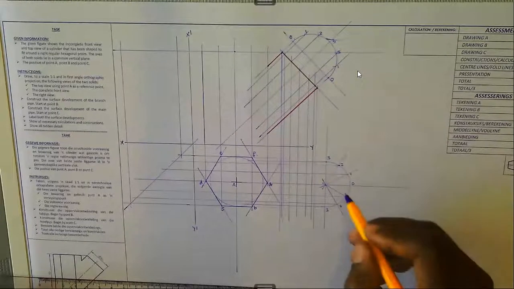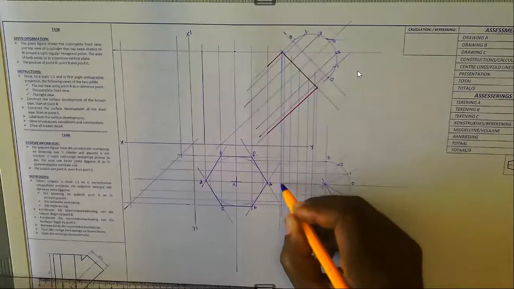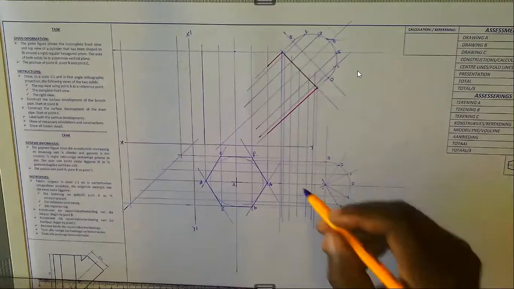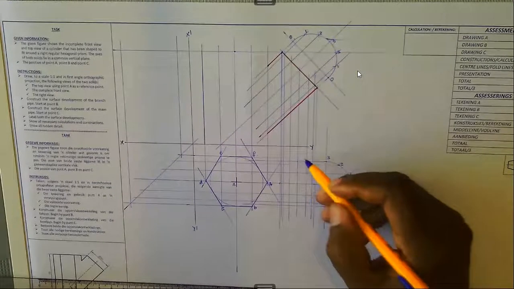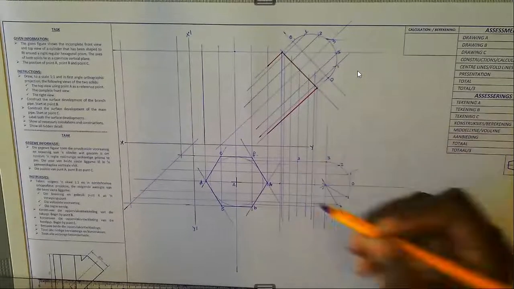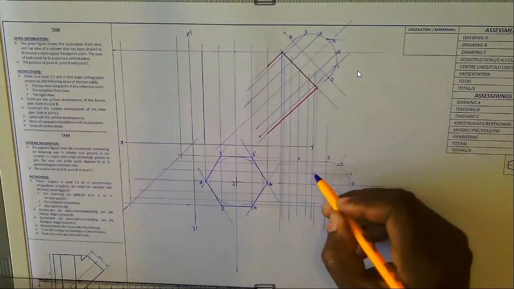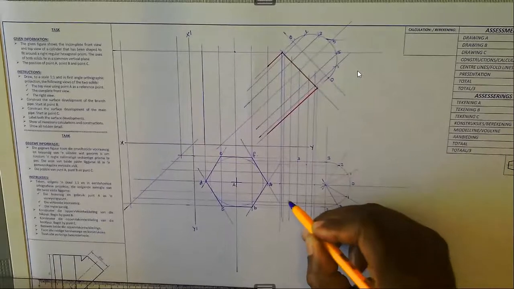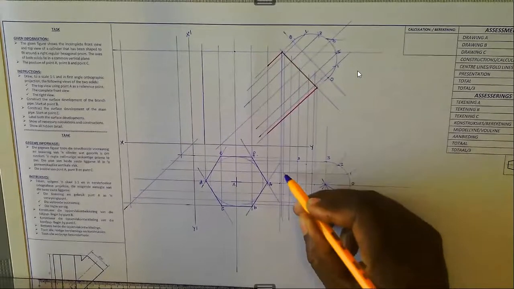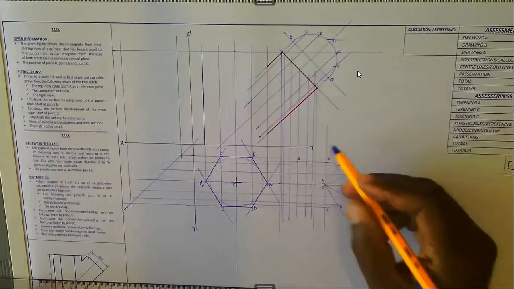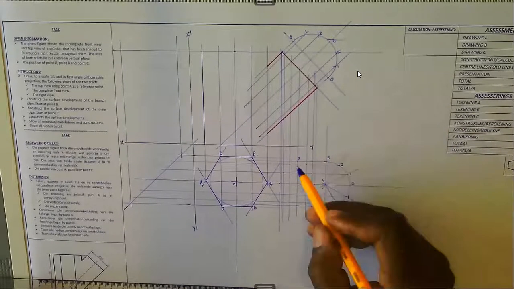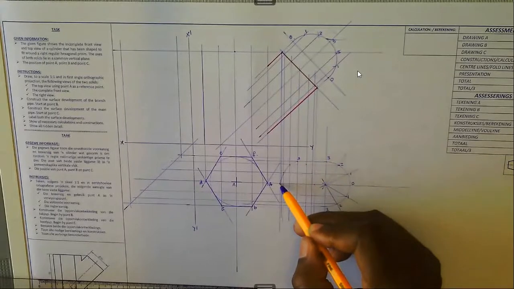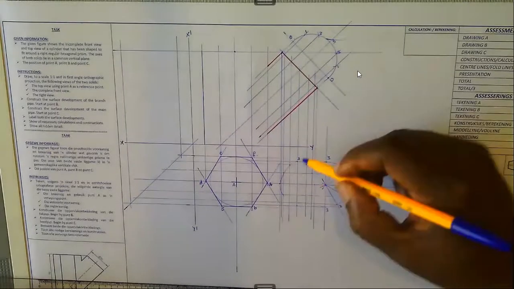Right, now there is 0 here, there is another 0 there, okay? Right, so if you know that you did your constructions properly, you find that this will be a 3, then 2, 1, 0, 1, 2, 3, 2, 1, 0, 1, 2, back to number 3. Right, then you connect these points currently like this.